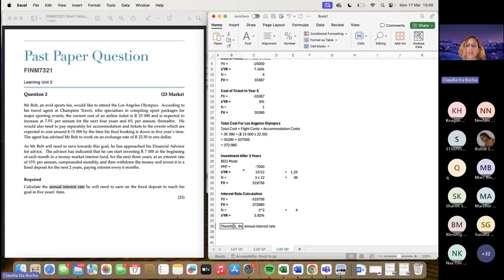It said calculate the annual interest rate. Therefore, the annual interest rate needs to be my 3.92 times 2, which gives 7.84%.